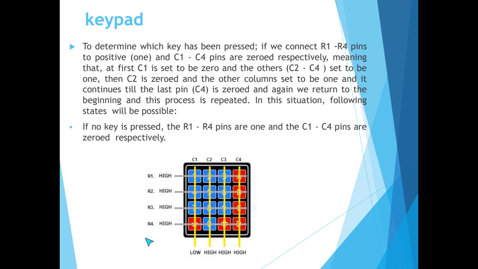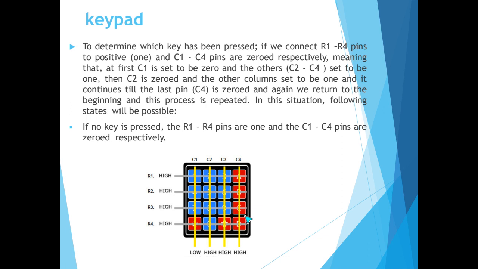The rows are configured as input, and their pull-up resistors are activated. And the columns are configured as output, and the initial value is high voltage. Then one by one, each of these columns becomes 0, okay? At first C1, then C2, then C3, then C4.